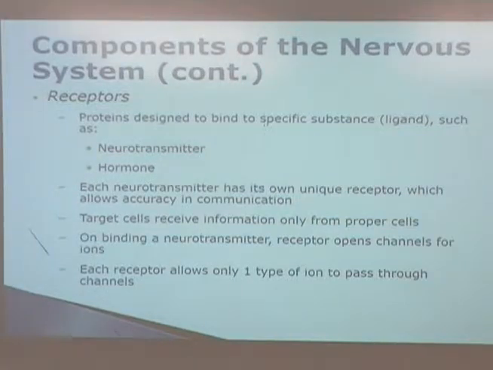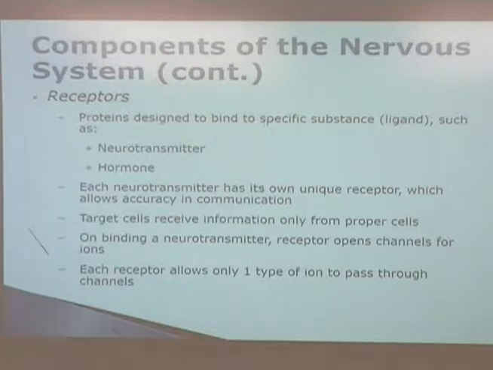And by having just a particular substance matching a particular site, it allows the muscle to only react to the correct signal. Otherwise, there'd be all kinds of information and the muscle wouldn't work correctly. It wants to only respond to a motor nerve signal.